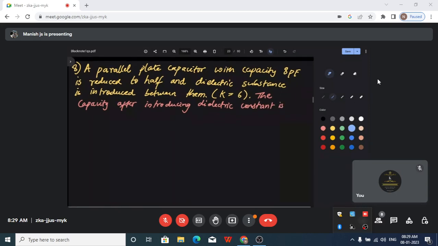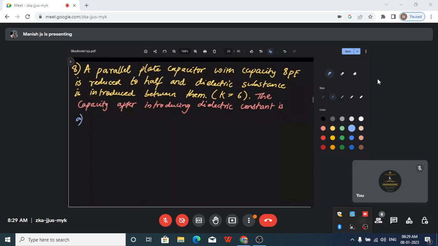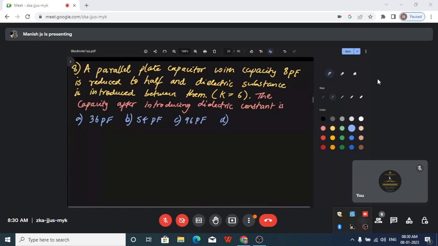The capacity after introducing dielectric constant is: option A, 36 picofarad; option B, 54 picofarad; option C, 96 picofarad; and option D, 108 picofarad.